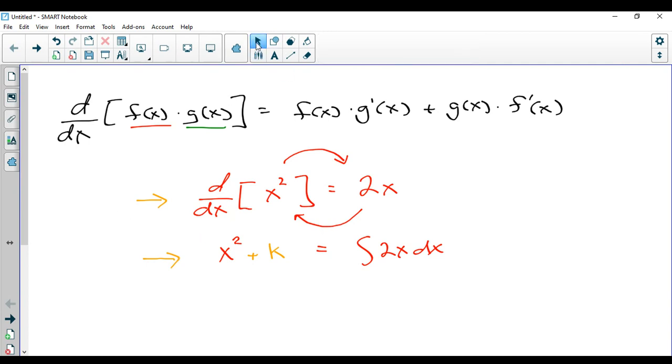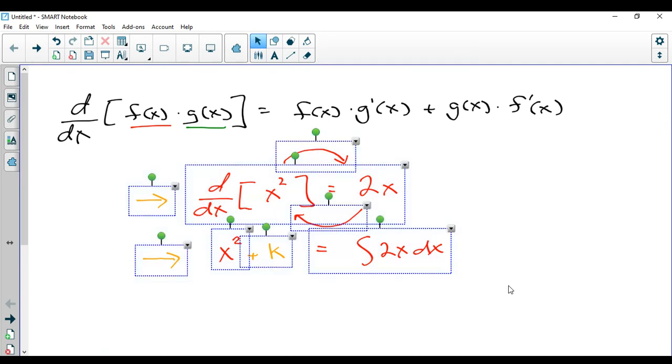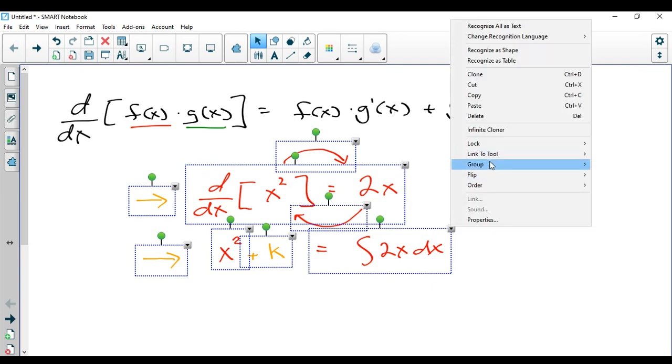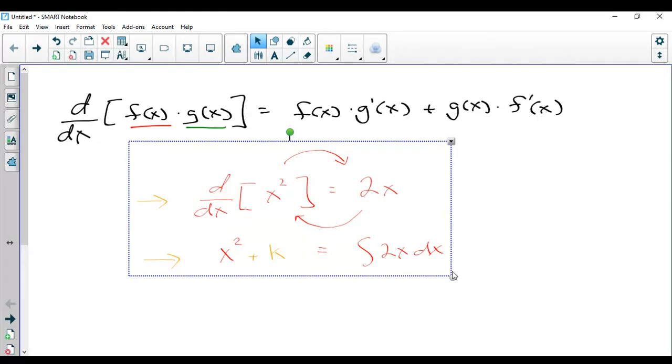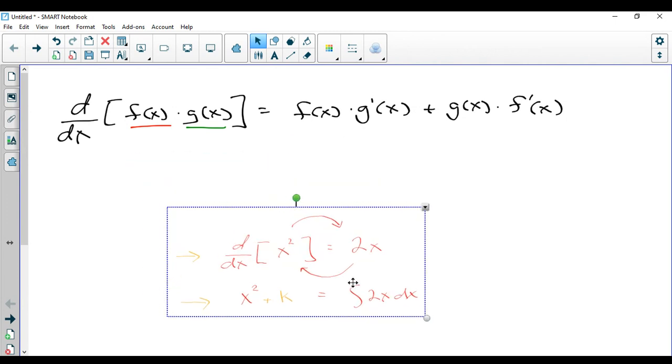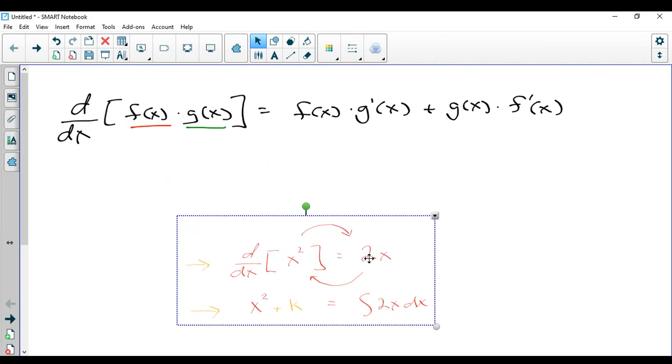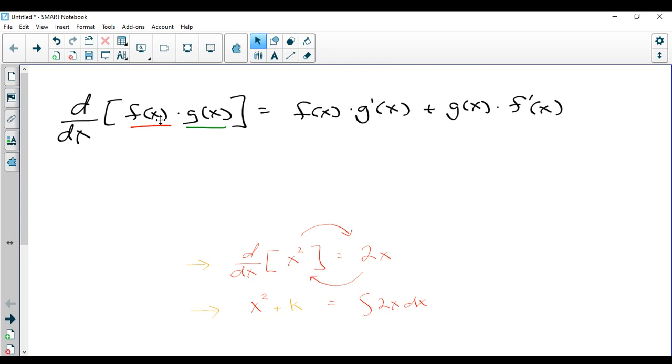So let me take this and slide it a little bit out of the way here, and just use it as reference. Here's a differentiation formula. Well, hey, look at this. We have a differentiation formula right here. So that means I should be able to write some sort of corresponding integration formula, and I can.